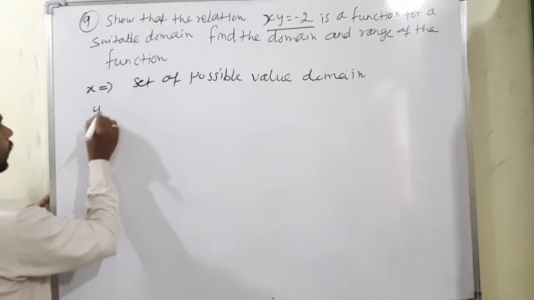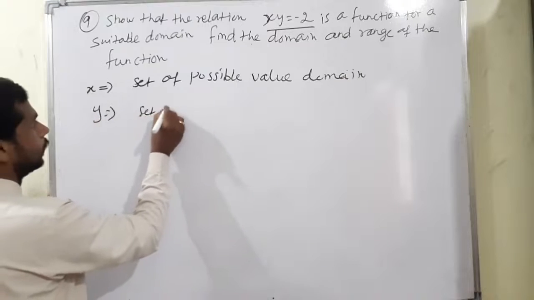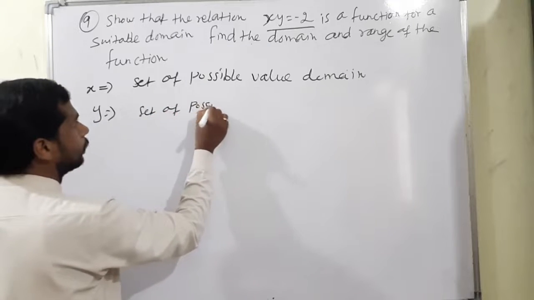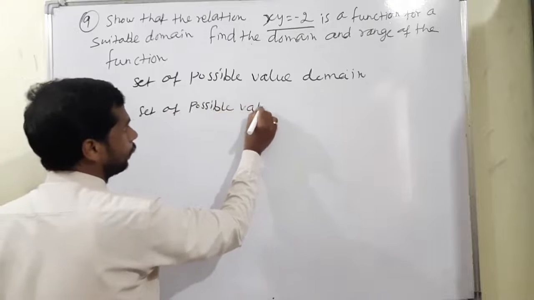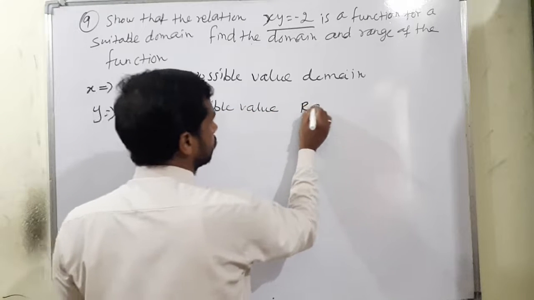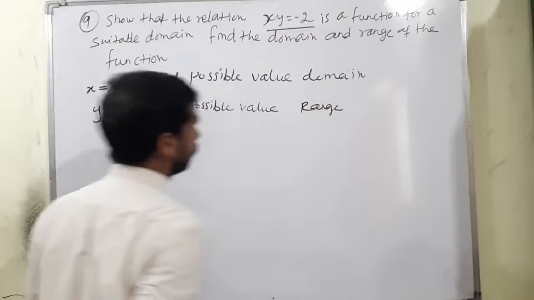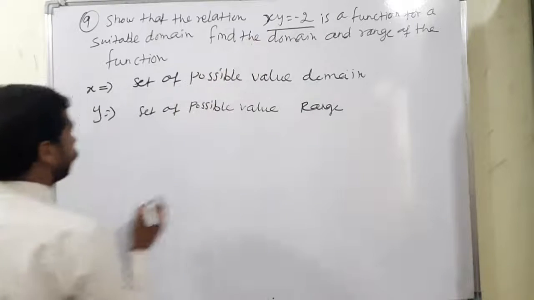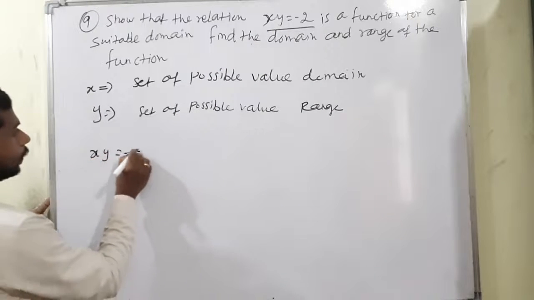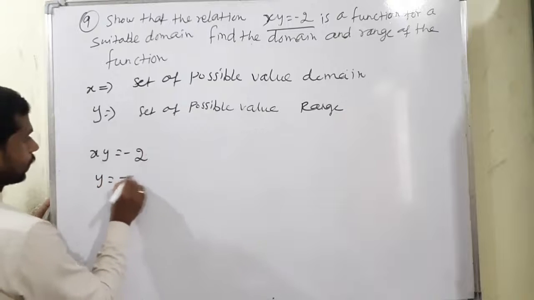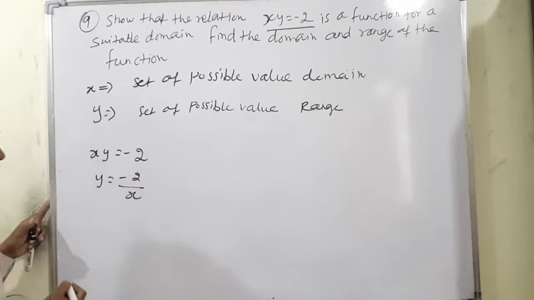Then y is considered for the set of possible values, the range. Okay, the given term xy is equal to minus 2. Therefore, y is equal to minus 2 by x.